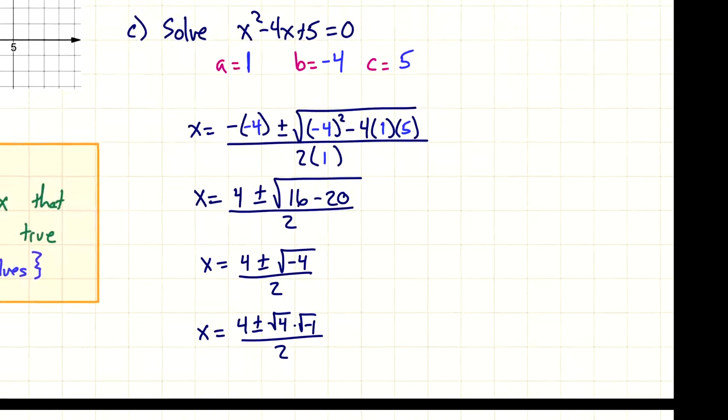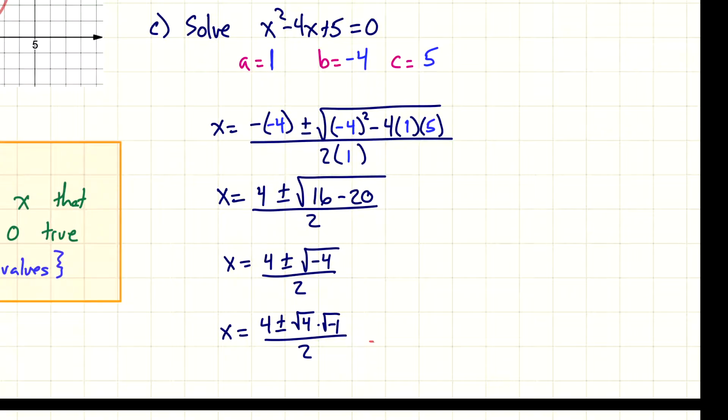So let me see if I could fit this in. I'm going to go up here. So we have x equals 4 plus or minus the square root of 4, which is 2, and the square root of -1 is i, over 2. All right, so we have solutions, right? This can be simplified a little bit more because it's a fraction.